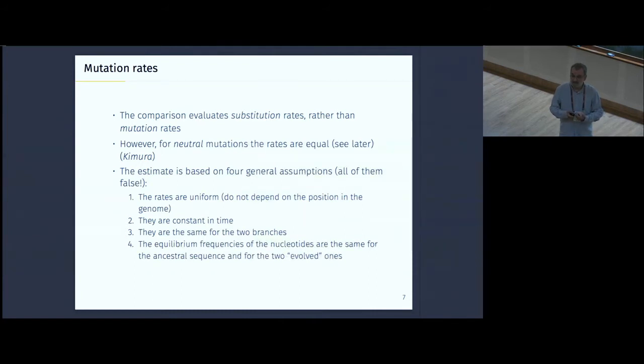So the DNA itself is more stable at higher temperature. You ask that the equilibrium frequencies are the same for the ancestral sequence and the two evolved ones that you are comparing. That may not be so; the ancestral life form may have lived in a different environment and had a different nucleotide ratio. We don't know.